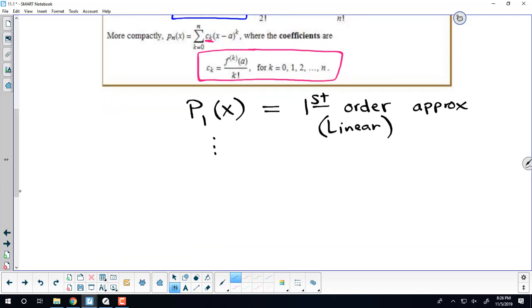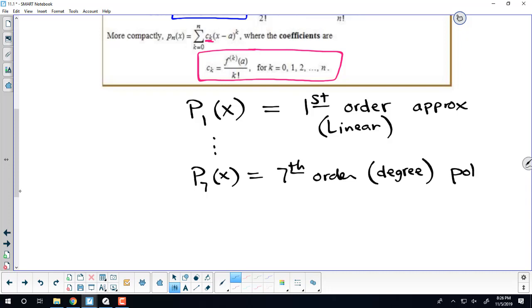And so forth. If we find p sub 7, then we're finding the 7th order, or the 7th degree polynomial. Linears are polynomials too, but the 7th order polynomial approximation to f of x, and so forth.